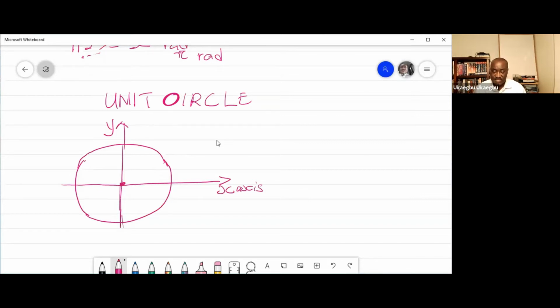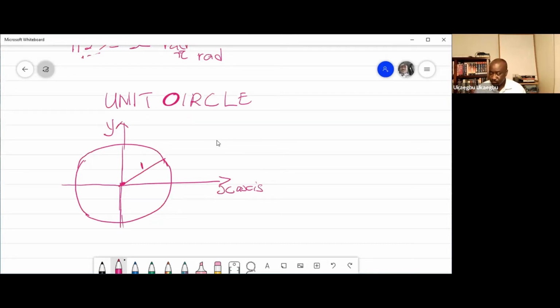It could be 1 centimeter, 1 millimeter, 1 micrometer, 1 kilometer, 1 mile, 1 yard, 1 foot, 1 whatever, inches, it doesn't matter, as long as the radius is 1. So you have a radius that is 1.